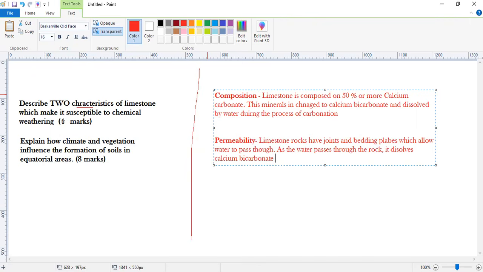So you want to identify the terms and say something about them, and you definitely want to link it to the chemical weathering process. And notice we have actually stated the name of the chemical weathering process that they did not clearly state in the question itself. That is to show them that we understand what we're talking about. Okay, so let's move on.